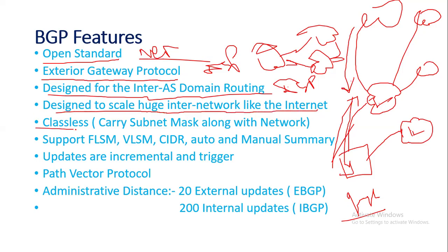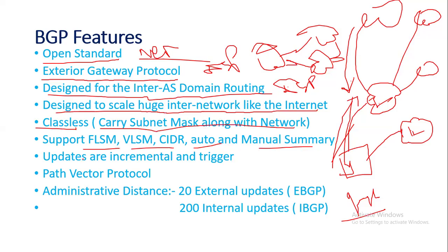It is classless, which means it carries the subnet mask along with the network. It supports FLSM, VLSM, CIDR, auto and manual summary. That means fixed length subnet mask, variable length subnet mask, classless inter-domain routing, as well as auto and manual summary.